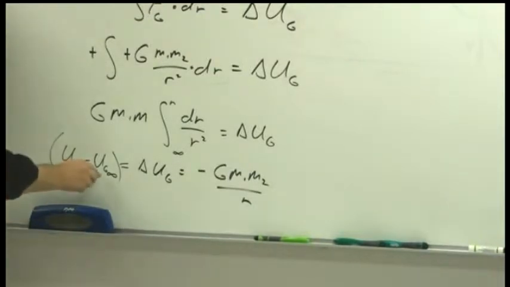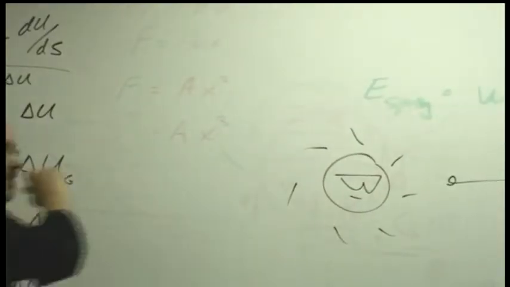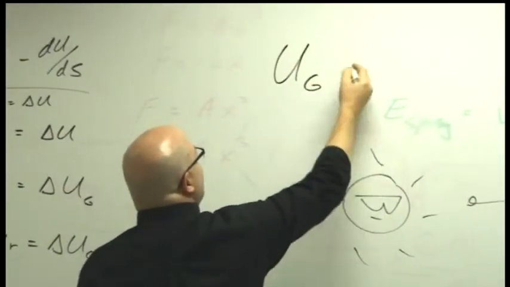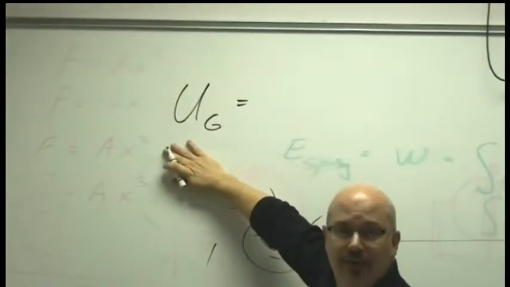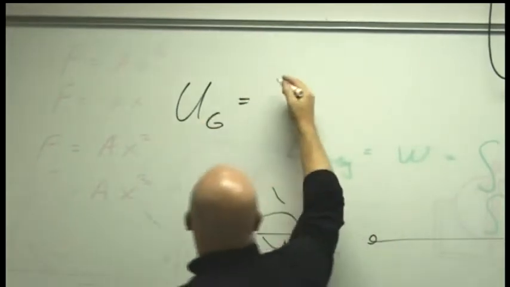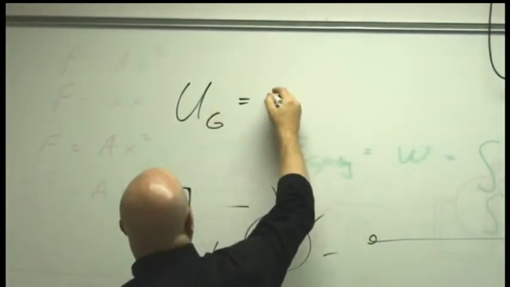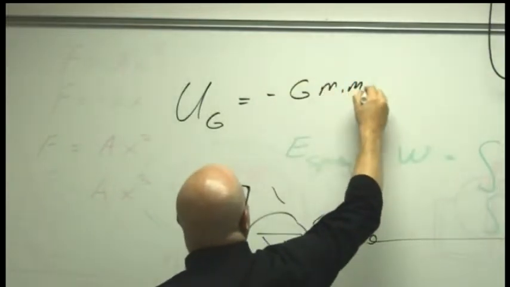It's final minus initial when you do delta. Because we picked our 0 spot to be at infinity, if we integrate from there, then gravitational potential energy at any spot in the universe is equal to negative G m1 m2 over R. Voila.